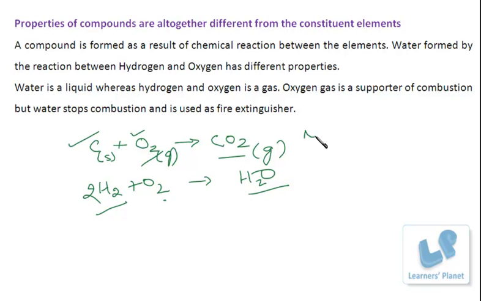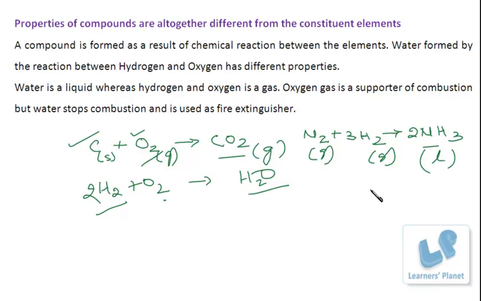We can take one more example. Ammonia is formed by the chemical combination of nitrogen and hydrogen. Nitrogen is a gas, hydrogen is a gas. Ammonia exists in gas as well as in liquid state.